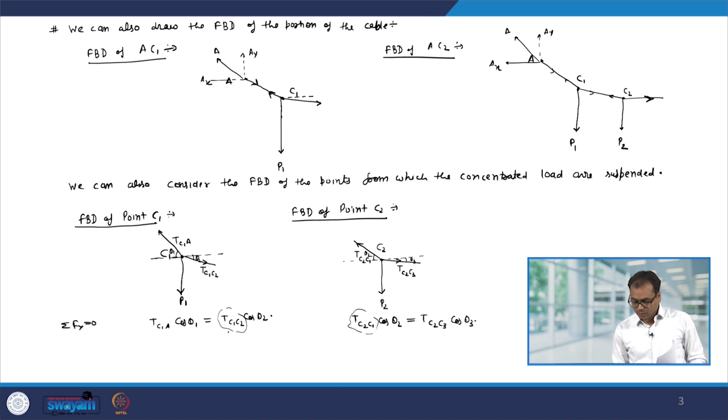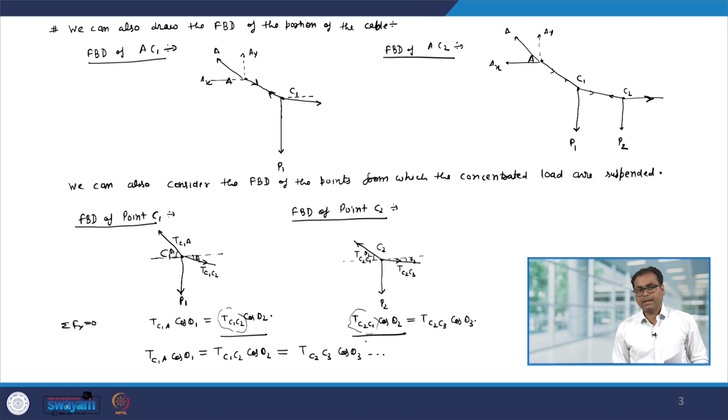So, this and this are equal, therefore this and this are equal, and therefore I can say that T C1A cos theta 1 is equal to T C1C2 cos theta 2 equal to T C2C3 cos theta 3, and if there are n points then it is so on.